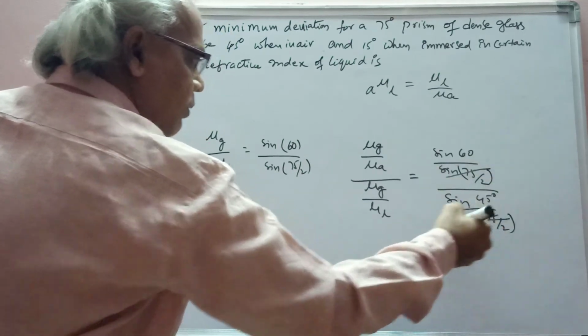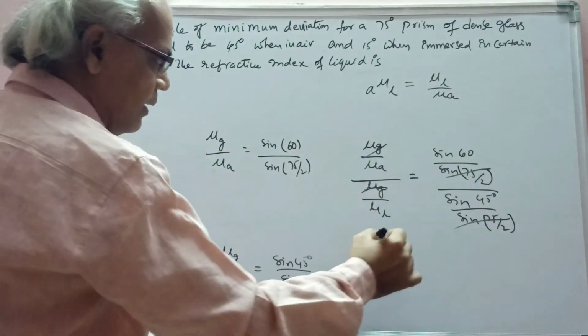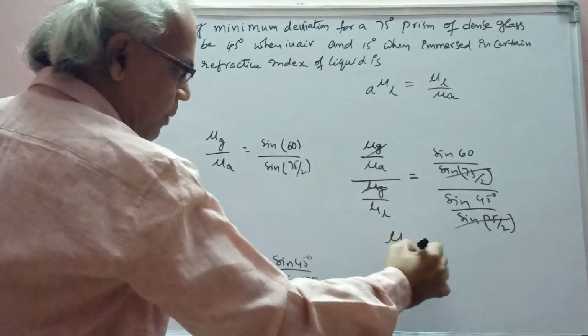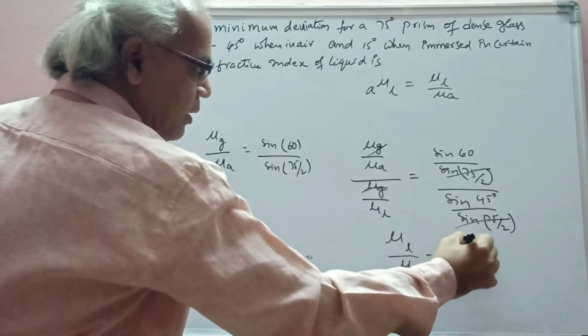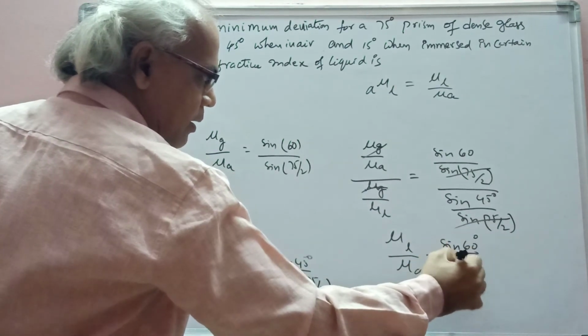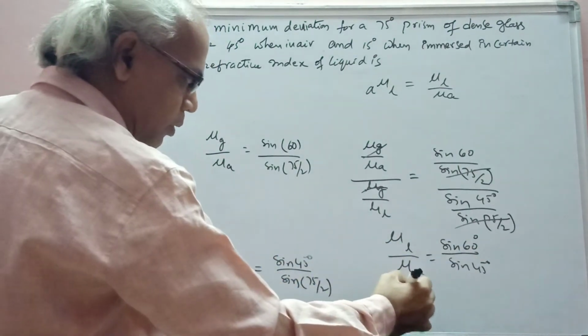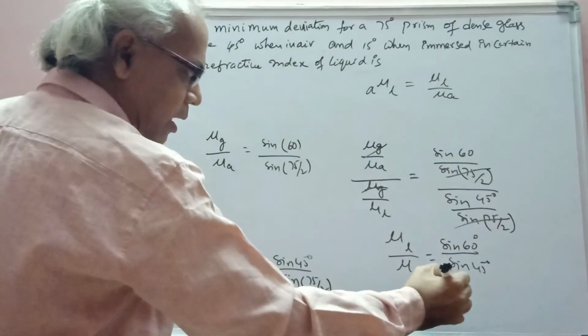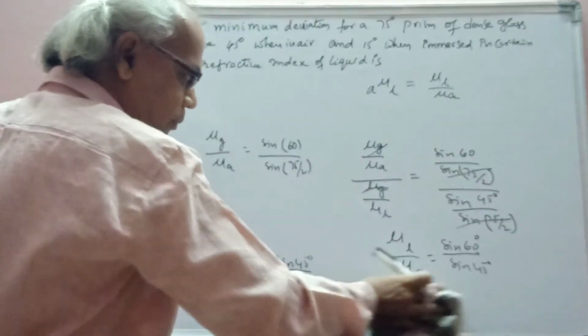The sin 75 by 2 cancels, mu G will cancel, and mu L by mu A is equal to sin 60 by sin 45 degree. So A mu L is equal to sin 60 by sin 45.